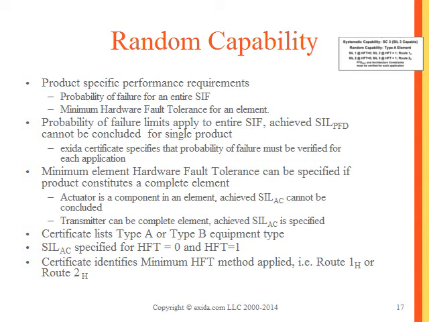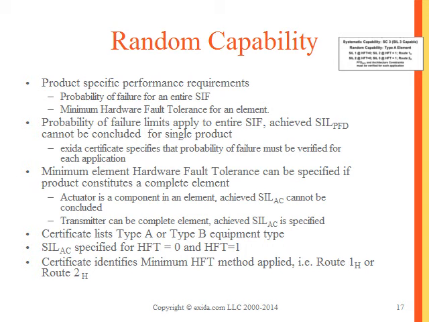The second portion is the product-specific performance requirements, and that's typically expressed in the random capability. But the product-specific performance requirements build up out of two unique items: a probability of failure for an entire safety instrumented function, and the minimum hardware fault tolerance for an element.